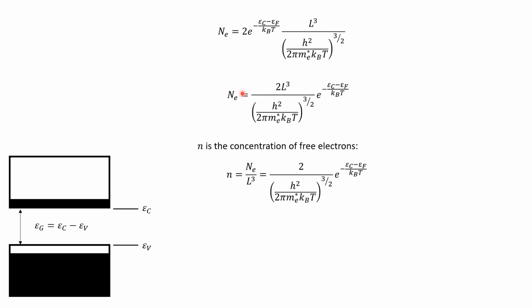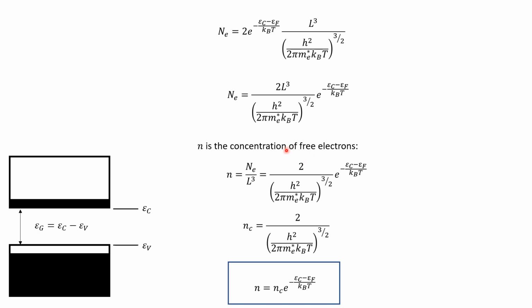So this term is the number of free electrons. The concentration is the number of free electrons divided by the volume. But this term here is the volume. Remember, we are considering a cube. So the concentration of free electrons, which we represent with the letter n, now reduced to this expression, which does not depend on the geometry of the semiconductor anymore.